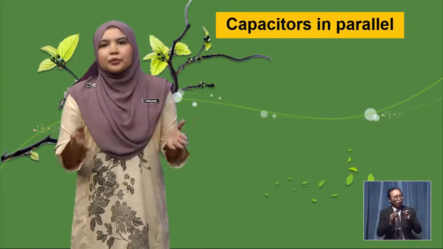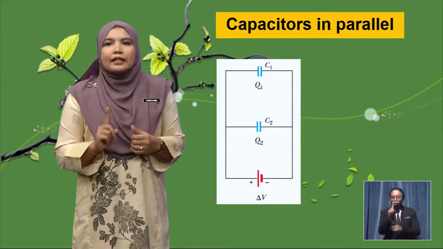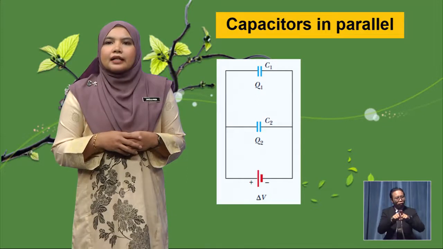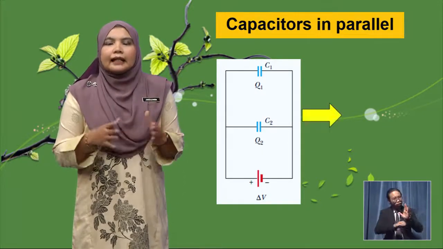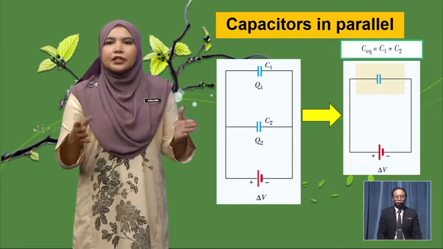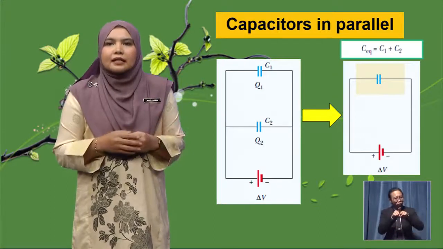If we were to replace these two capacitors by one equivalent capacitor with the capacitance of Ceq, then it will be C equivalence equals C1 plus C2.